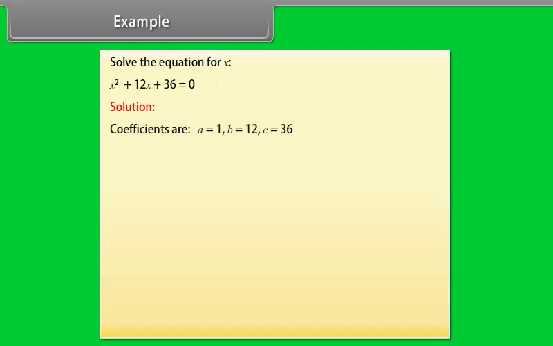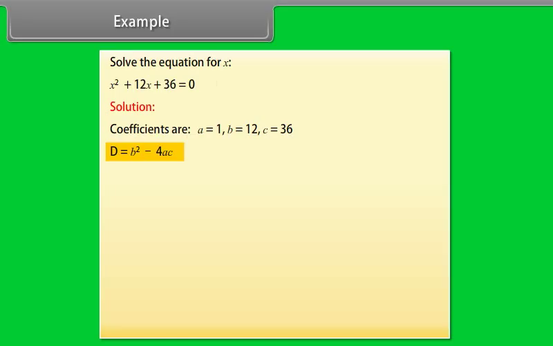Example. Solve the equation for x. x² + 12x + 36 = 0. Solution. Coefficients are a = 1, b = 12, c = 36.